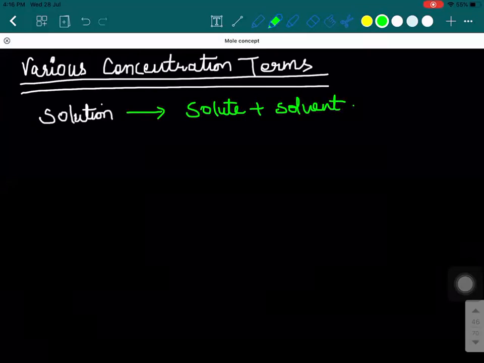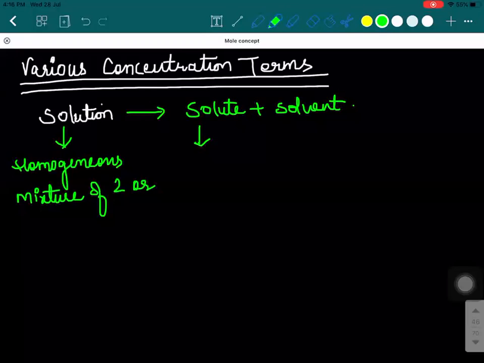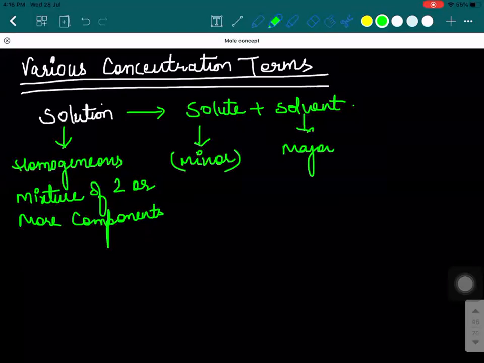Solution is a homogeneous mixture of two or more components, and solute is present in minor amount and solvent is present in major amount.